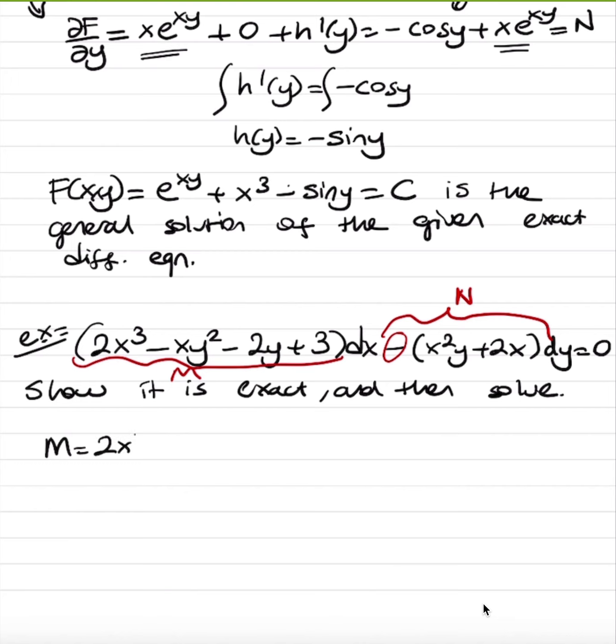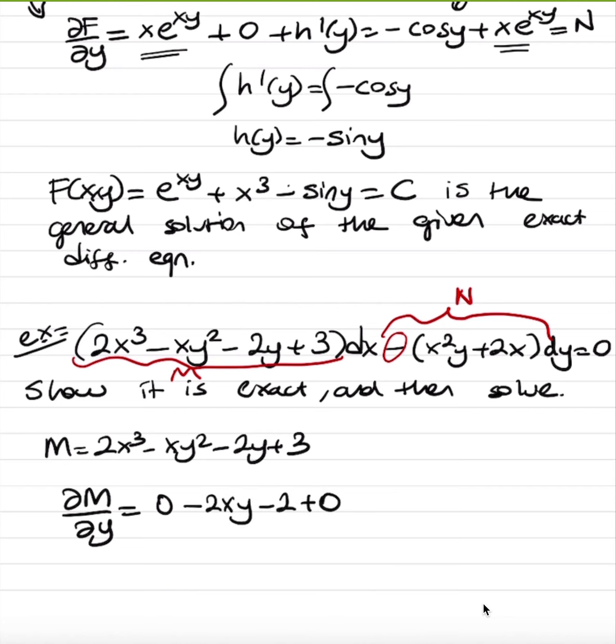M is equal to 2x cubed minus xy squared minus 2y plus 3. So the derivative of m with respect to y is 0 minus 2xy minus 2 plus 0. What about the derivative of n with respect to x?